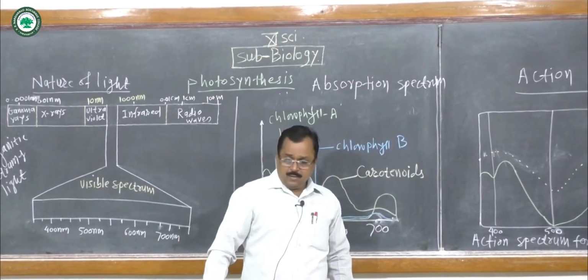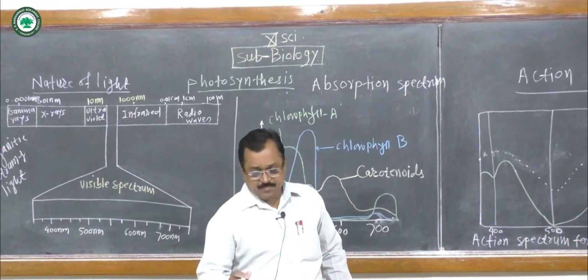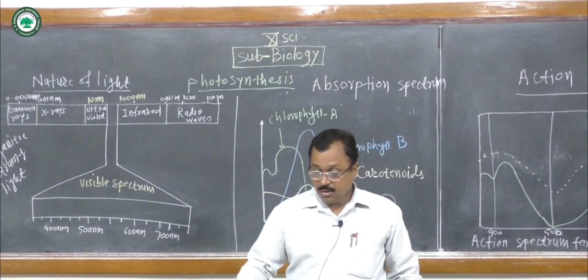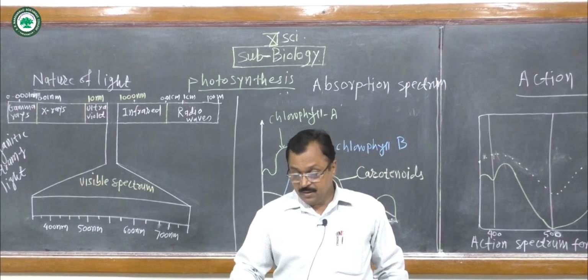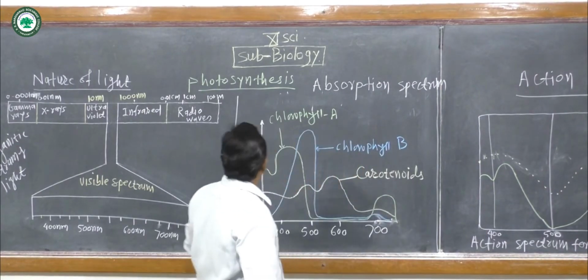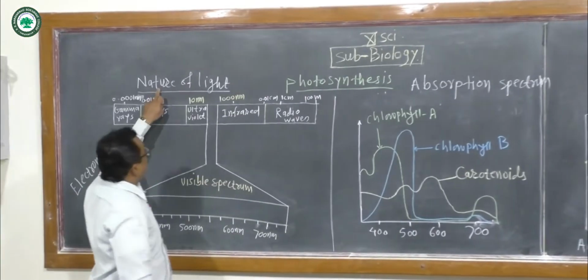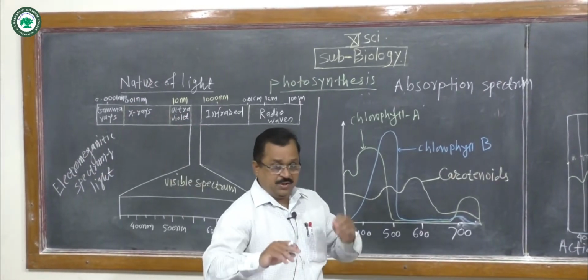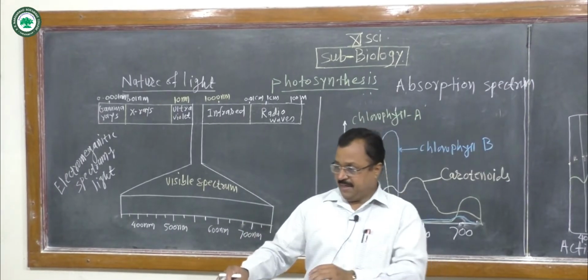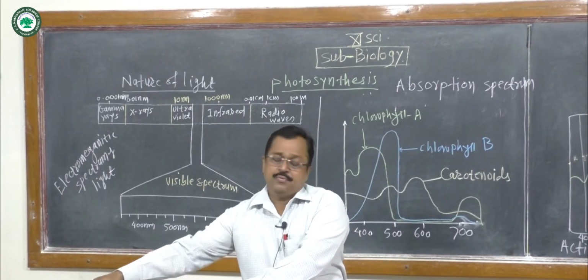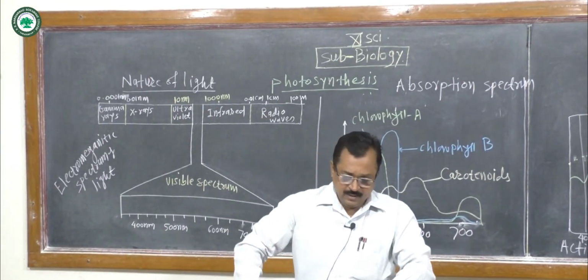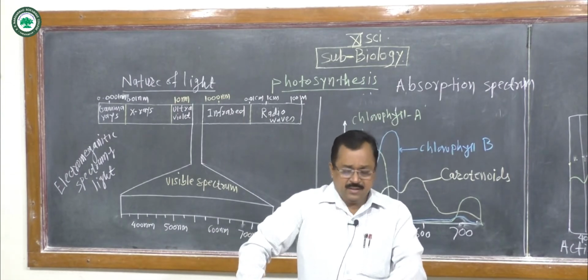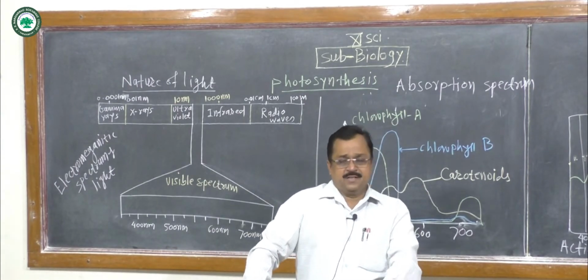Today I will start the next point of photosynthesis, that is, the nature of light. You know that the photosynthesis process is carried out in the presence of light. Light is a form of energy.